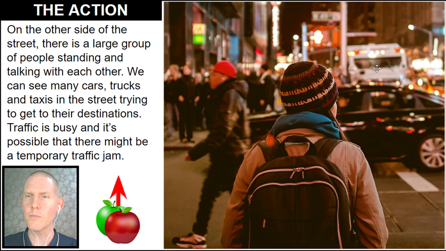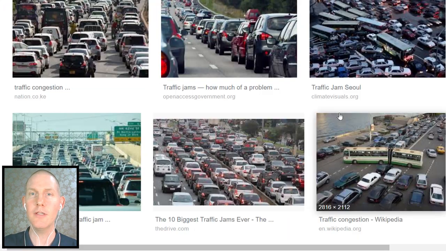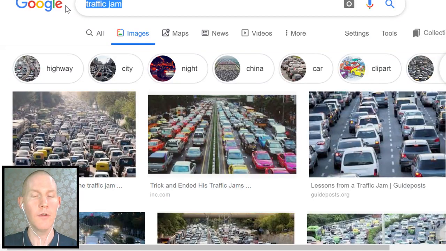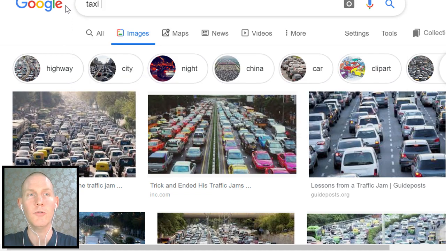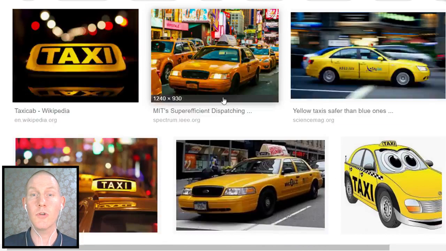Leo Huda says, what's the difference between taxi and cab? Well, let's take a look at pictures and see what shows up when we put in taxi and cab. Let's say taxi. Okay, so taxi is easy.